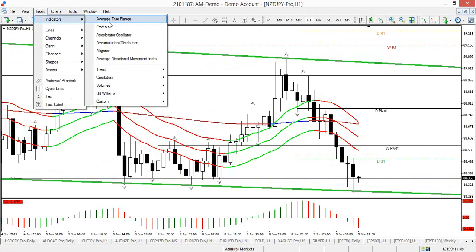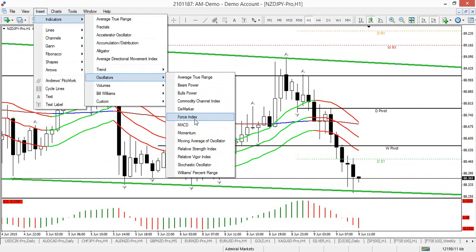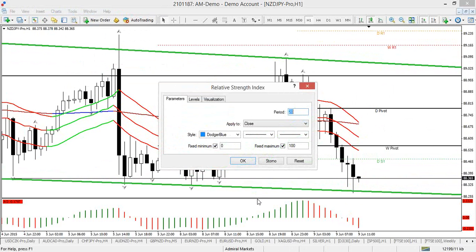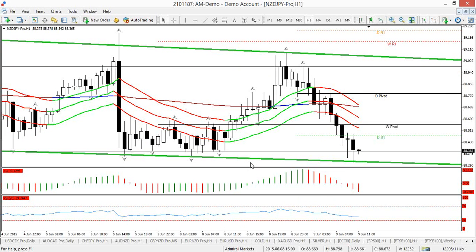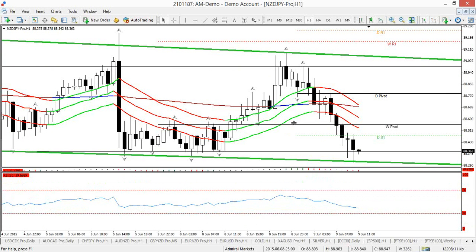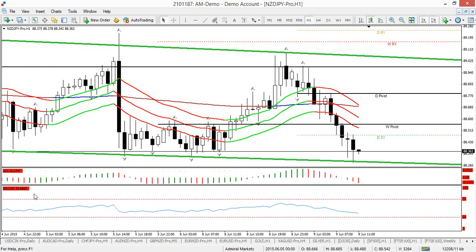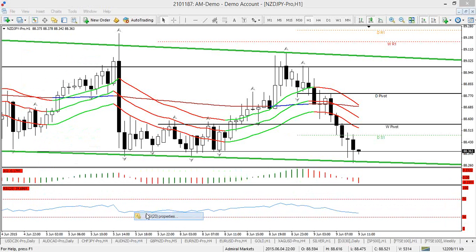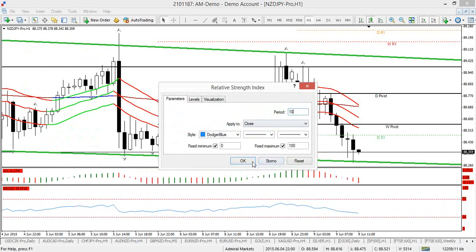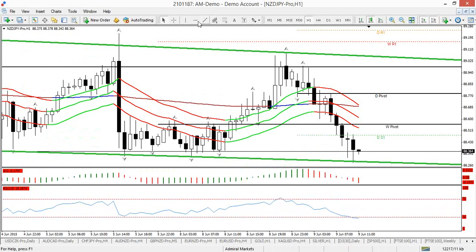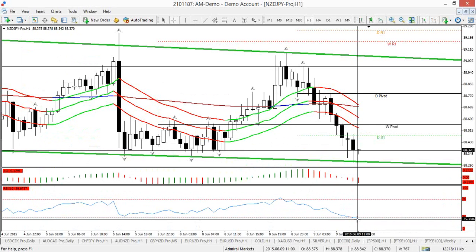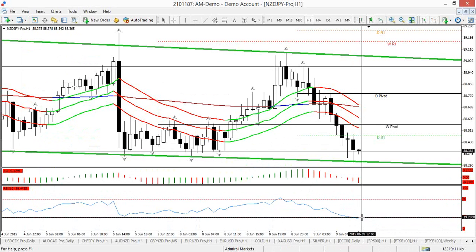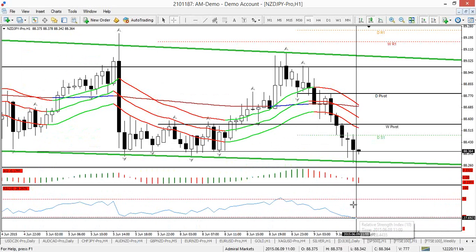We can take a look at, good idea, let's take a look. RSI is getting, in my opinion, close. It's not there quite yet, 28.